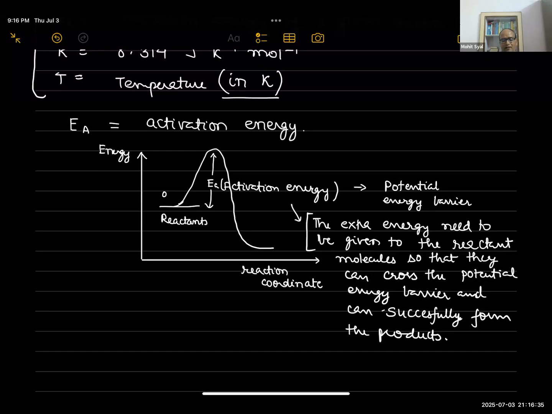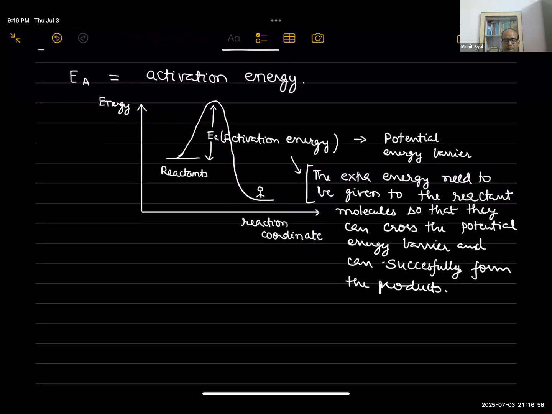If I'm here and I want to come to this side, I can't just go down. I need to jump with some energy, then only I'm able to successfully cross this barrier. Same is the case with the reacting molecules also. This is the energy of the reactant, ER.